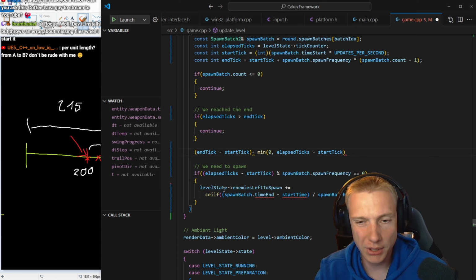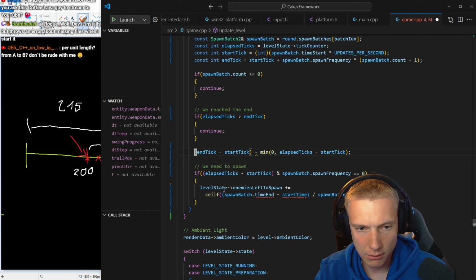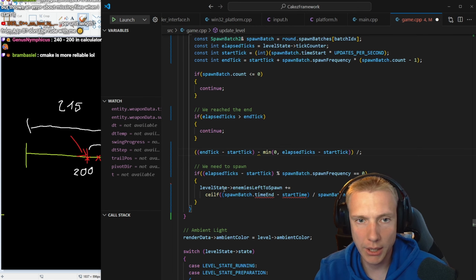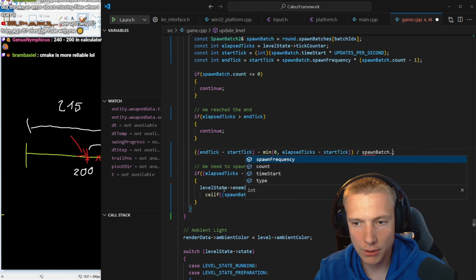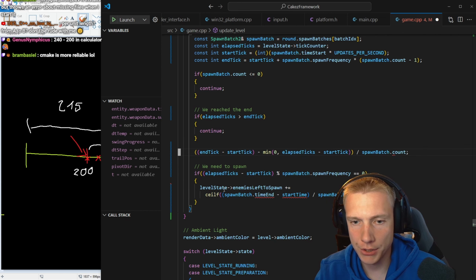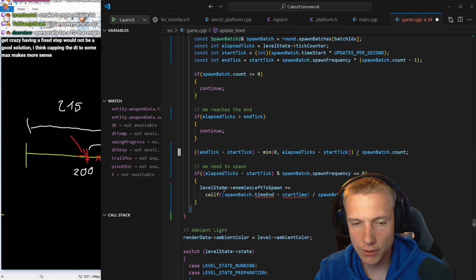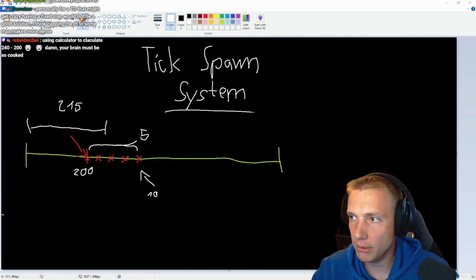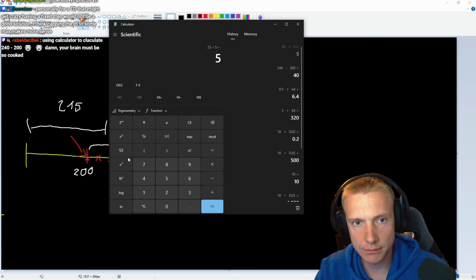We take those 40 ticks, get rid of the start, and then we divide that by the spawn batch count. For example, we take 25 and divide that by 5.